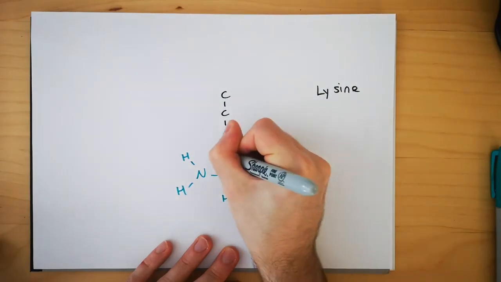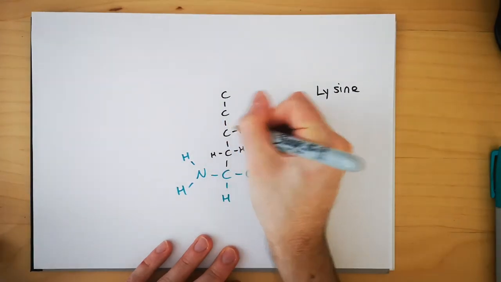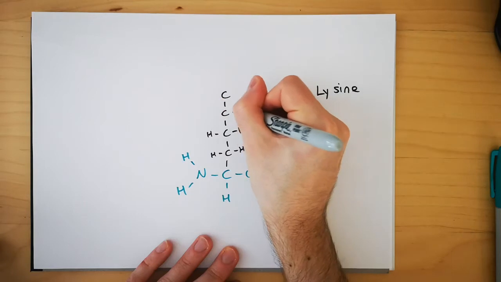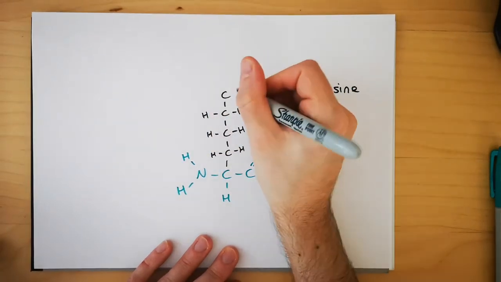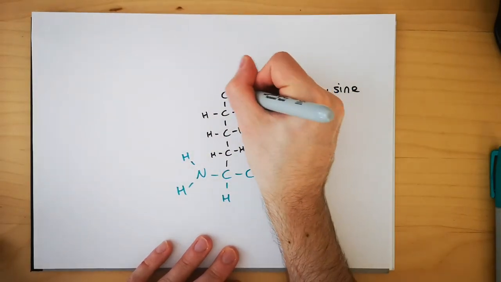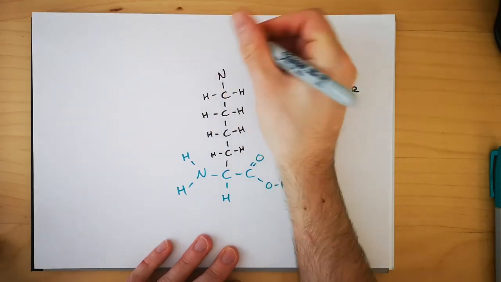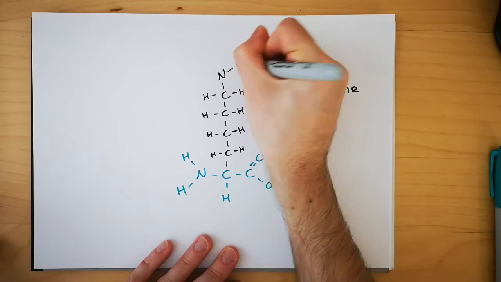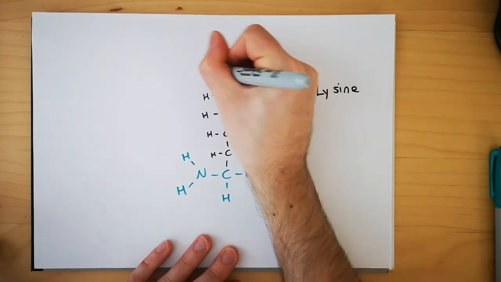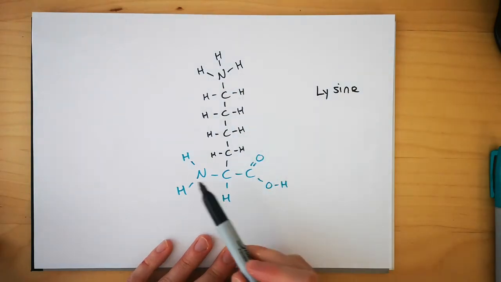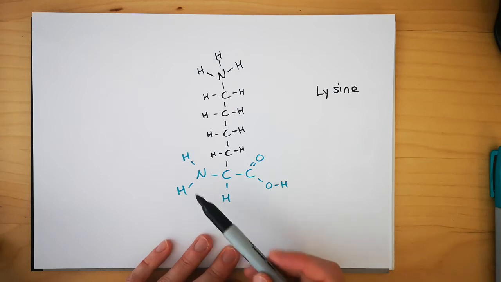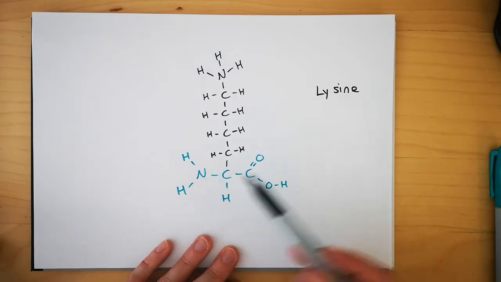And this is all aliphatic, which just means it's carbons and hydrogens all the way up until we get to here. And then we get an N with 3 hydrogens attached. Now, nitrogen has a valency of 3. It can usually only form 3 bonds.